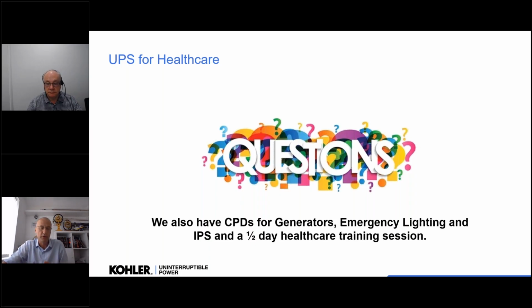We're actually getting rid of the neutral earth on the load, and we use an IPS system to do that. So if we have a fault on the output of the IPS, we don't go tripping all the breakers, we get an alarm up to say there's a problem. Everything will continue to run. Only on the second fault will we lose the protection. So completely different things, often put together. Often the UPS is feeding the IPS system.